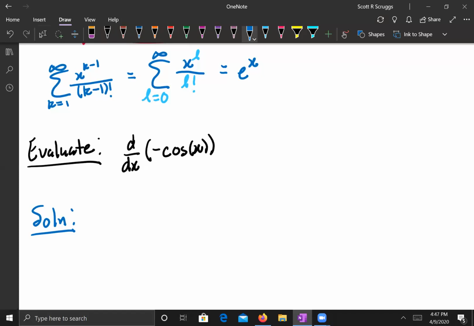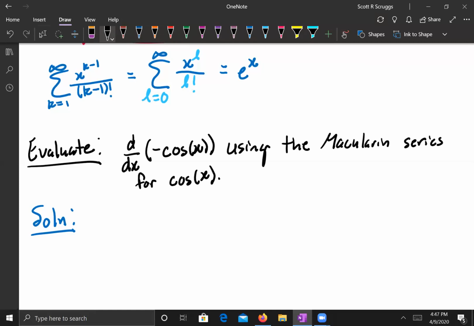Another way to rewrite it is: the goal is to evaluate the derivative using the Maclaurin series for cosine of x. So I should have added that for more clarification. That's my bad for not figuring out what you interpreted until just now. I should have written that for more clarity of what I meant.